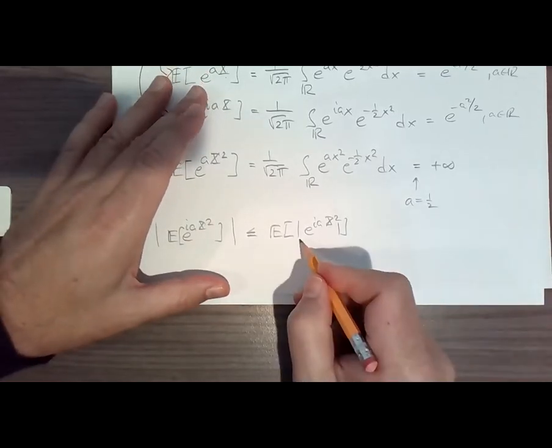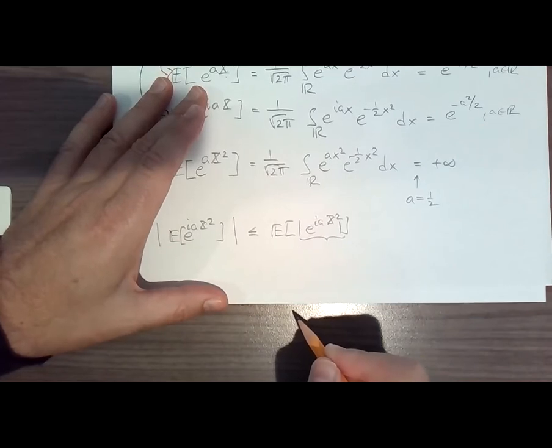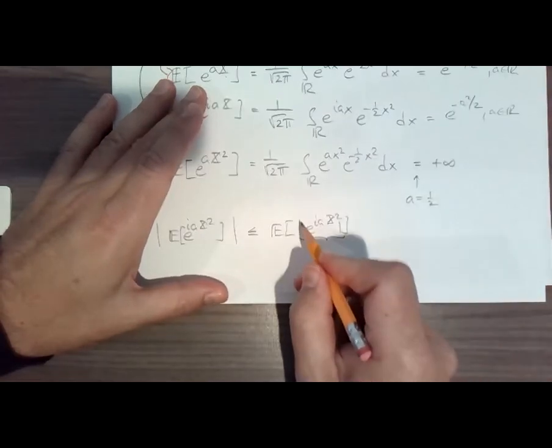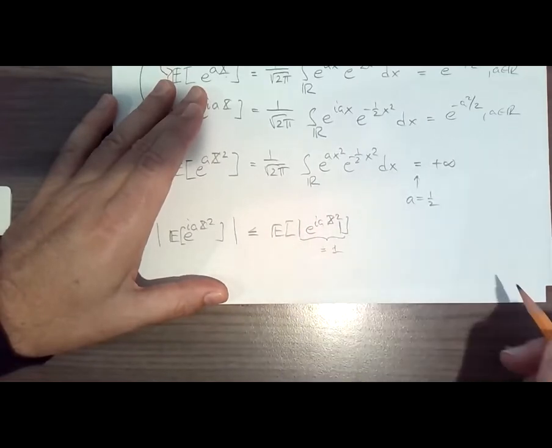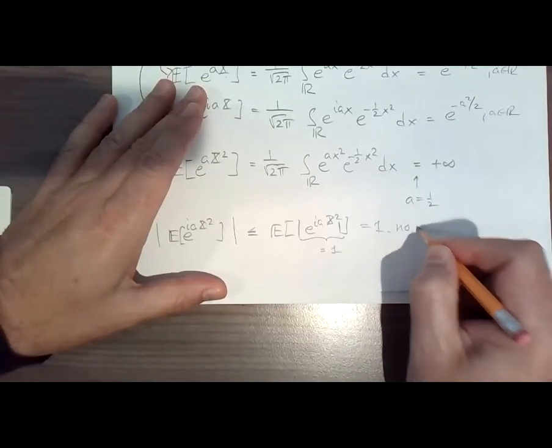Does anybody know a good bound of this one? Is it 1 and -1? Yeah, so when I take absolute value, this is equal to 1, no matter a.